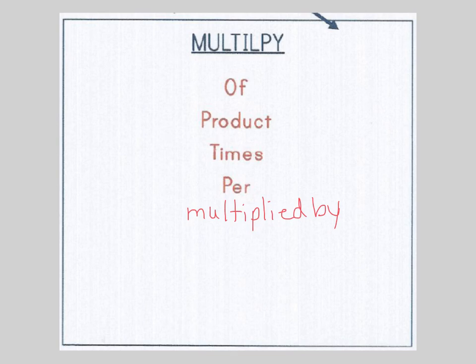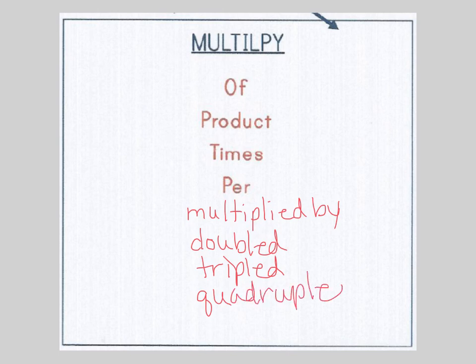We're also going to add doubled, tripled, quadrupled, and another one that I forgot to put on the list is the word twice. If it says twice a number, that means you are going to multiply by 2. So this means multiply by 2.